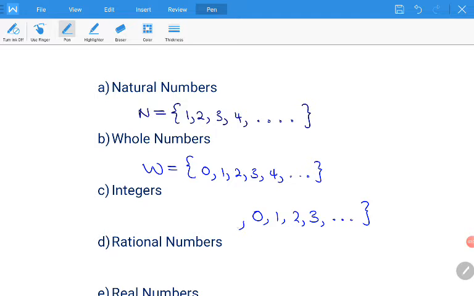And also here it comes from -1, -2, -3, and it also starts from negative infinity. So this is the set of integers, and it's normally presented using a Z.